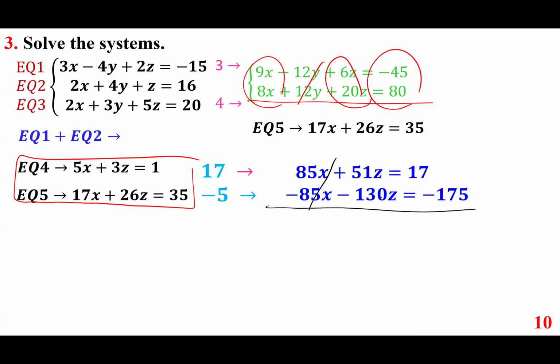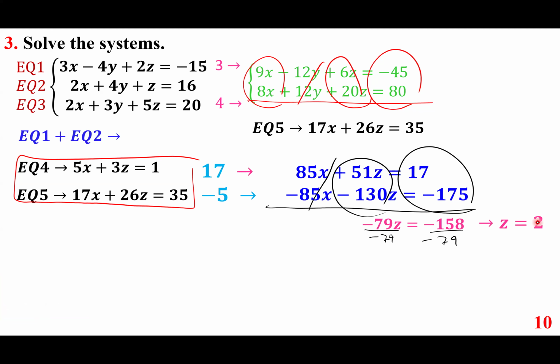These two cancel each other. These two negative 79z, these two negative 158, divide, and you get z equals 2.